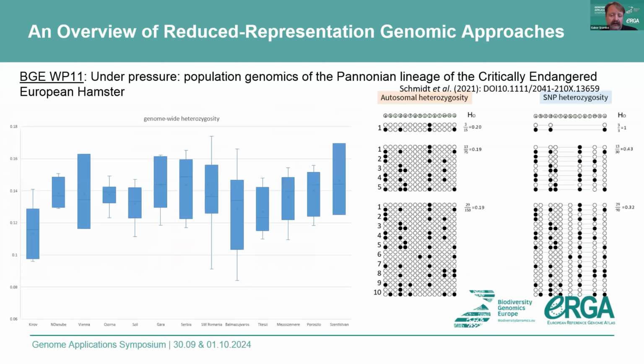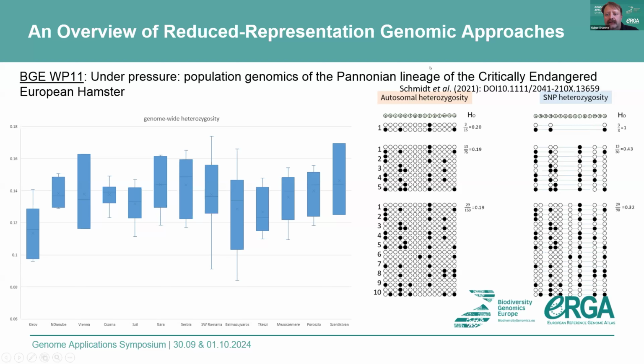We had an additional goal of looking at genetic diversity. Genetic diversity assessment using reduced representation is especially challenging because you simply exclude invariable positions, and therefore that will bias observed heterozygosity estimates.